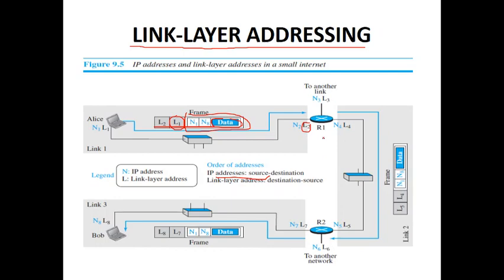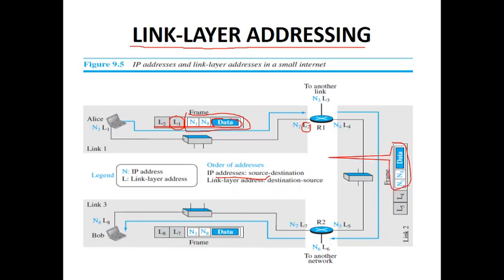So whenever I receive the data at R1, before it is delivered to the next device in the path, R2, I will be changing the link layer address. Till here it is the same, if you see.